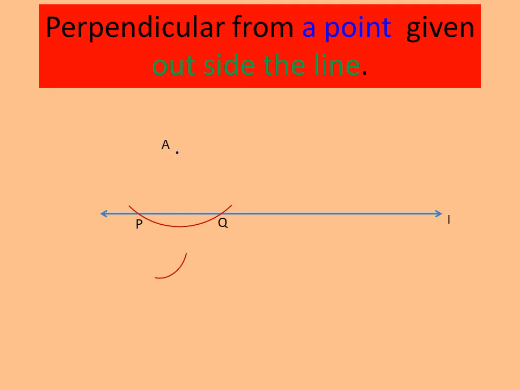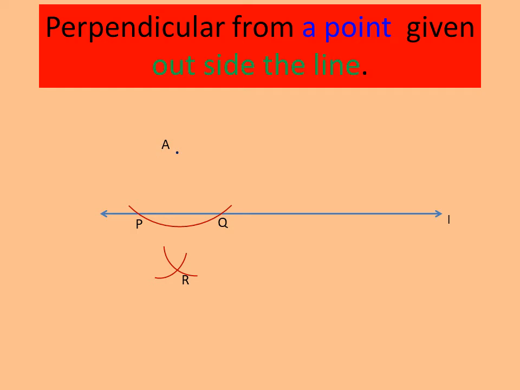With the same radius without changing it, the nail of the rounder will go on point Q and draw an arc which intersects the previous arc drawn like this. The intersection of the two arcs, we will name it as point R.